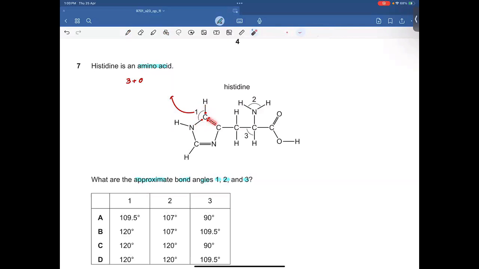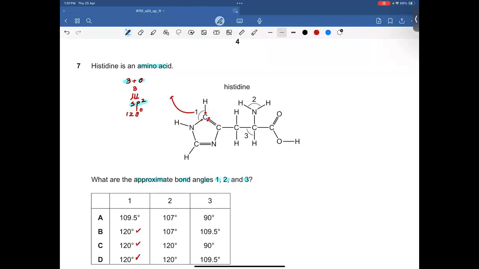So we have 3 single bonds around this carbon atom and no lone pair, so you will get a total of 3. Draw 3 lines. The first line always represents the s orbital, the remaining 2 lines represent p orbitals. So whenever we have 3 single bonds and 0 lone pairs with sp2 hybridization, obviously the angle is going to be 120 degrees. So 120 degrees, B, C, or D might be the right answer.